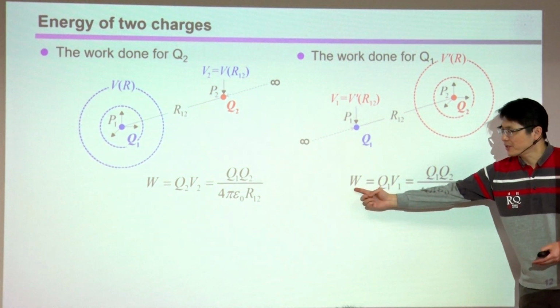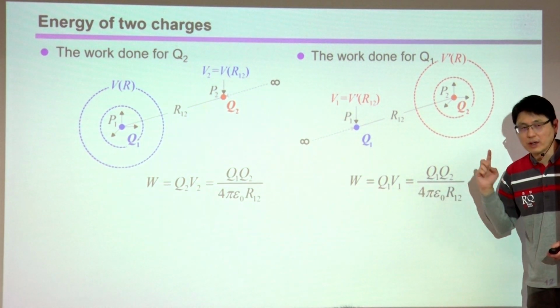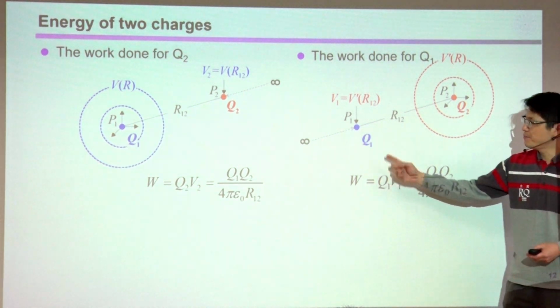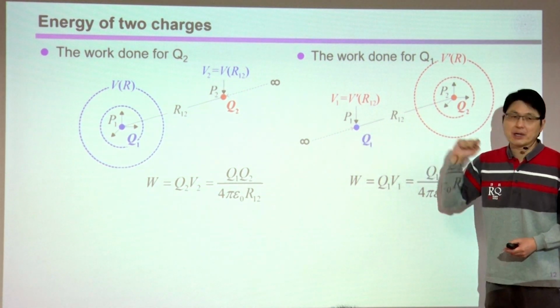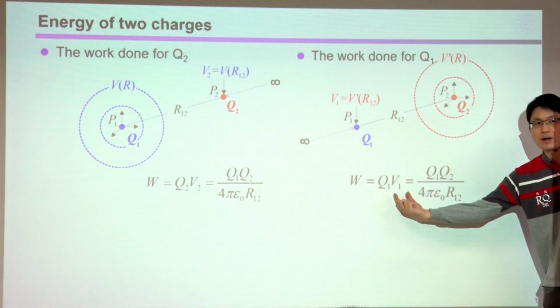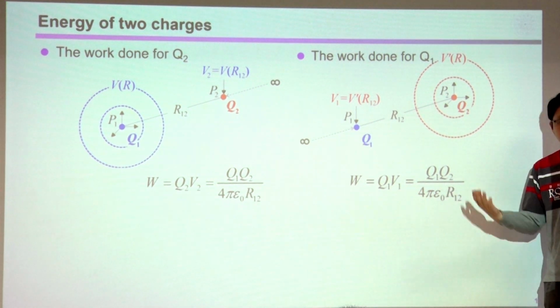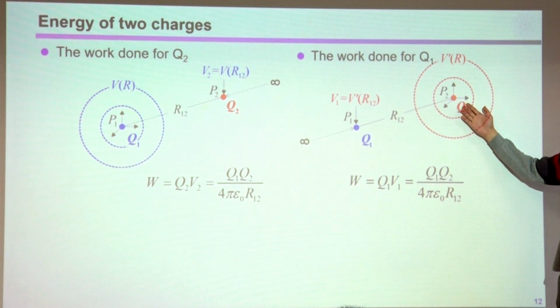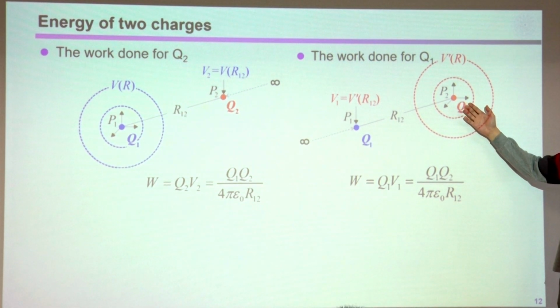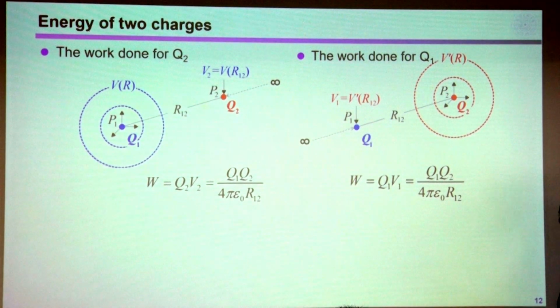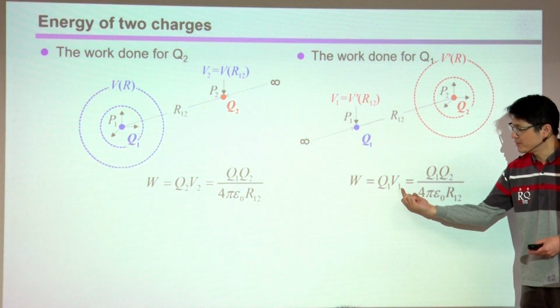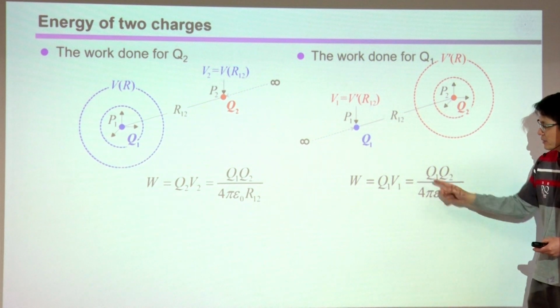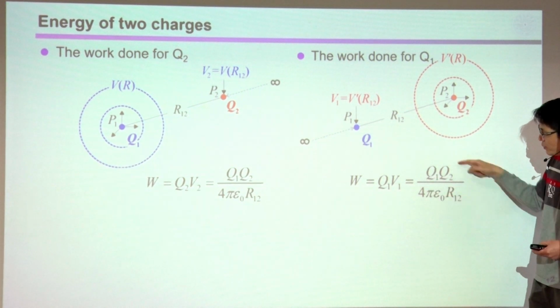Therefore, the energy is Q1 V1. Right? Q1 being the charge of particle 1, and V1 is, I'm trying to work against the field generated by particle 2. Okay? So together, Q1 times V1 is this amount.